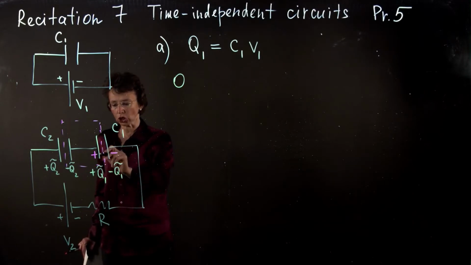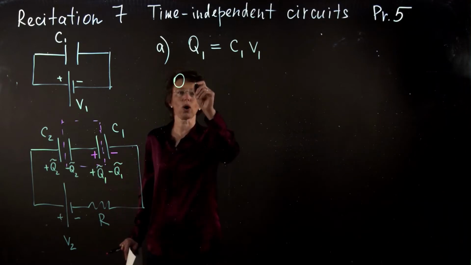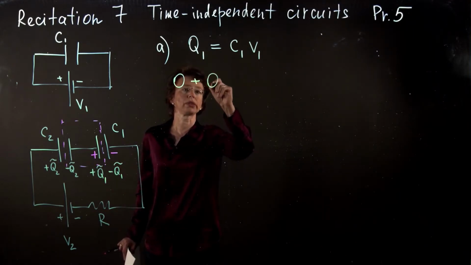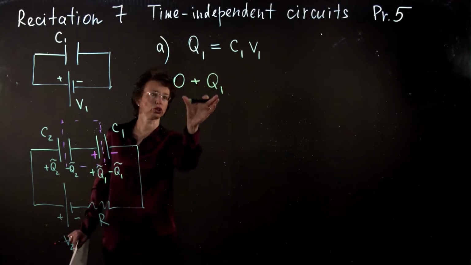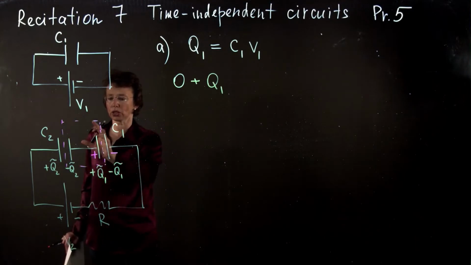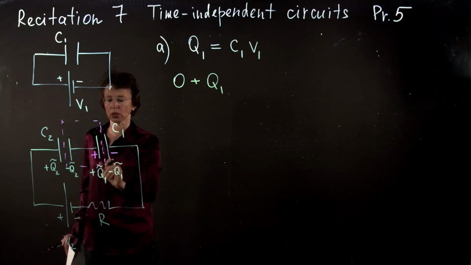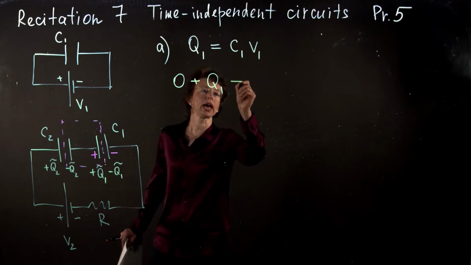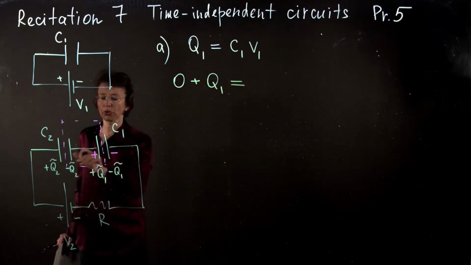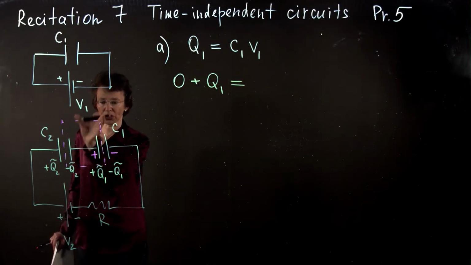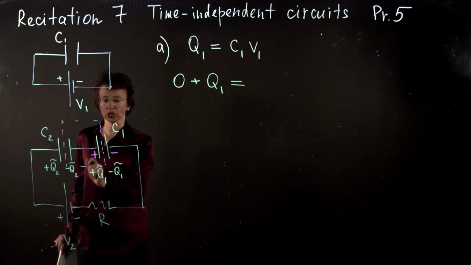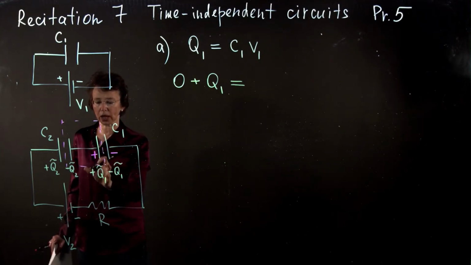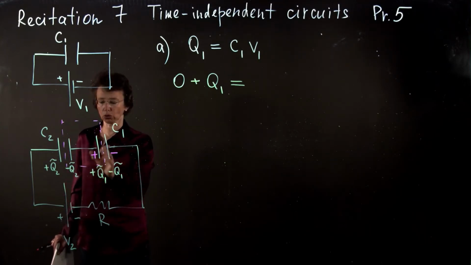The initial charge on this plate of the capacitor C1 was Q1. This was the total charge within this box when we just put this C1. And now it has to be equal to the same charge within this box after the charges have been redistributed and come to rest.